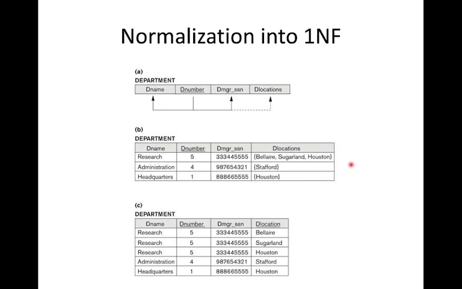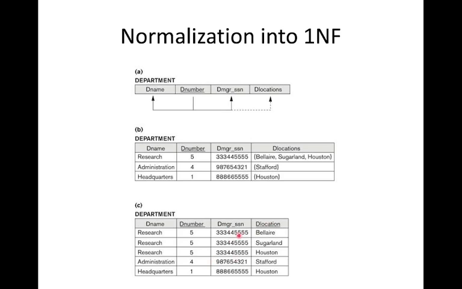In this way also we can remove the multi-valued attribute, but administration department is located in Stafford only, so the other four columns will be null. Similarly, headquarters is located in Houston only, so the other four columns will be null. That should also be avoided.